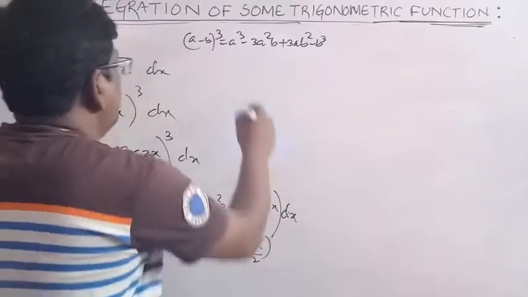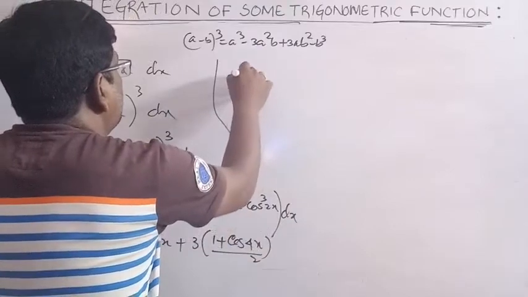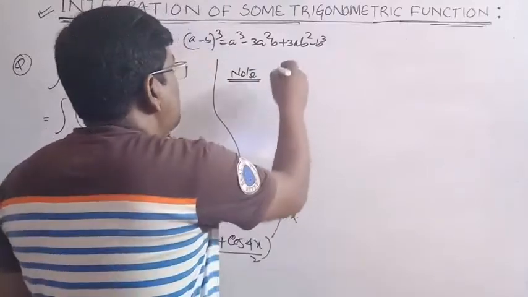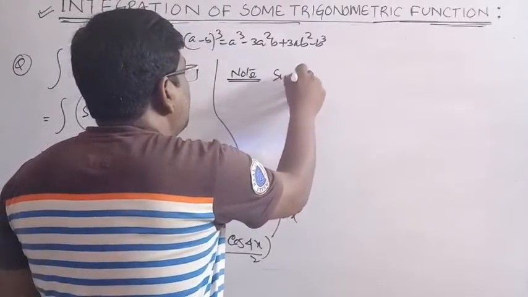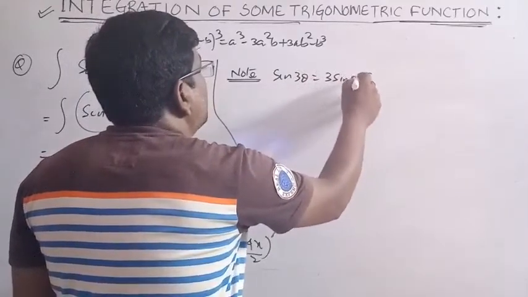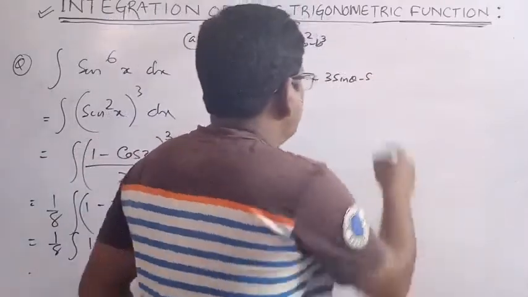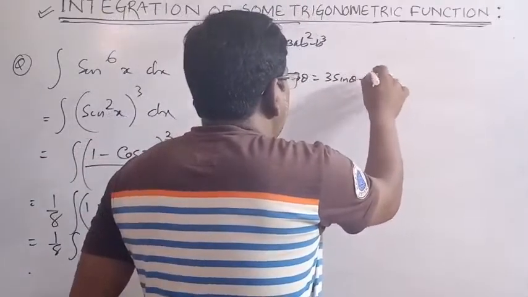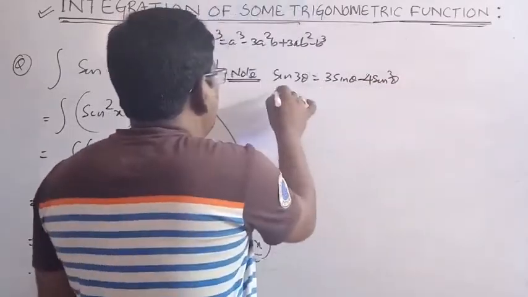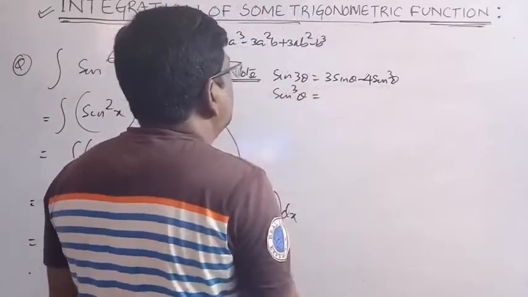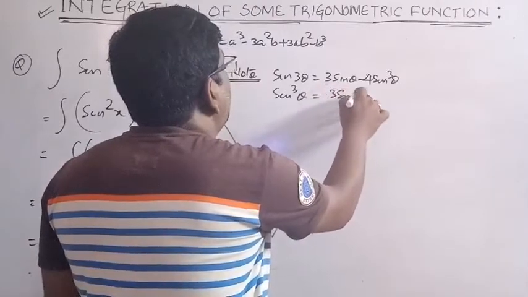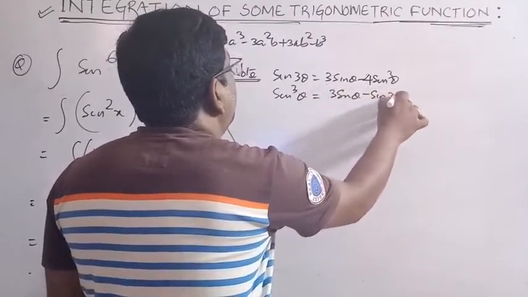What is the cos cube theta form? Note: we know sin 3 theta is equal to 3 sin theta minus 4 sin cube theta. So sin cube theta is equal to 3 sin theta minus sin 3 theta divided by 4.